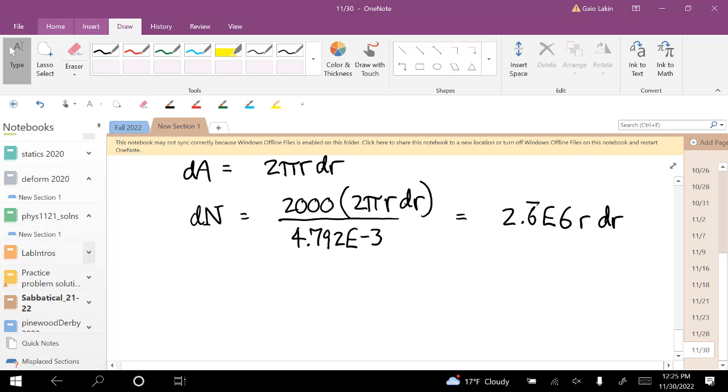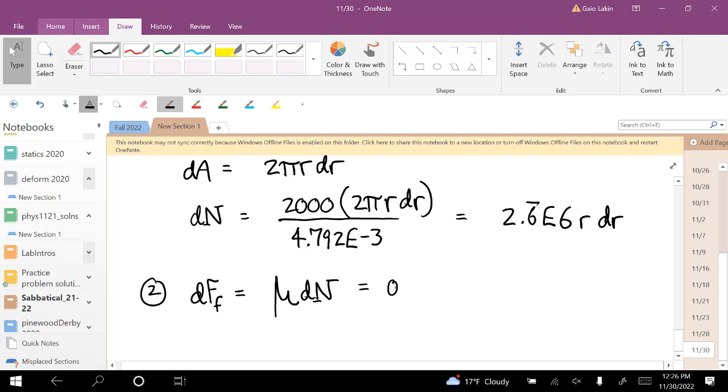Now we need to go from the normal force to the friction force. Second, dF of friction is equal to the coefficient times that increment of normal force.